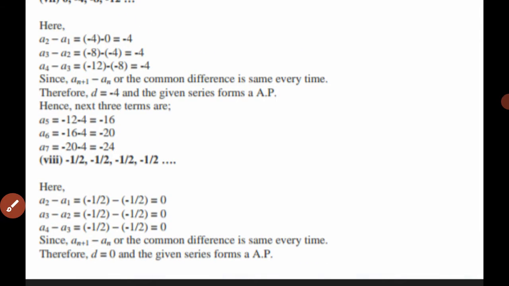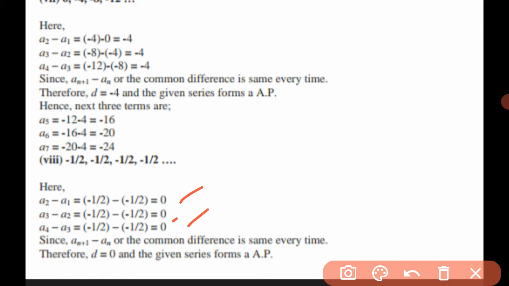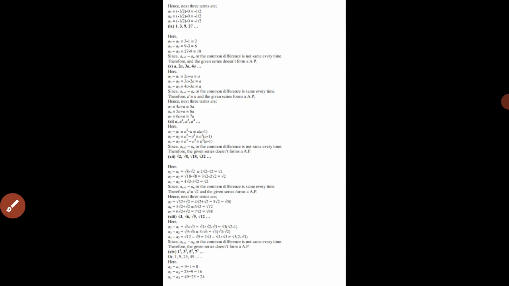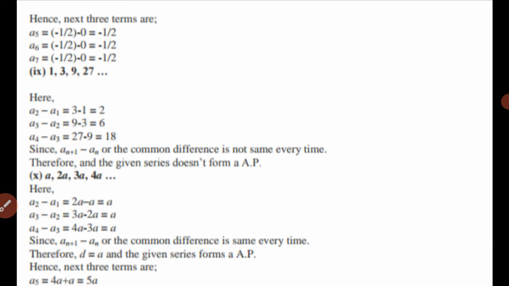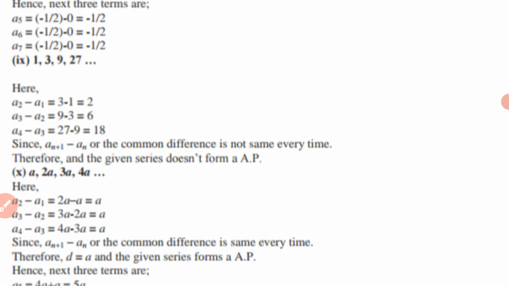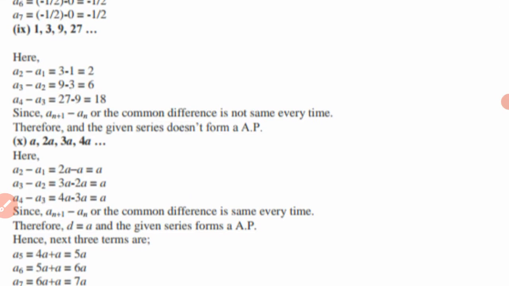This question is also the same. Similarly you can try the eighth part. In the eighth part the common difference will be 0. If the common difference is 0 then all the terms will be the same, so a5, a6 and a7 are also equal to minus 1 upon 2. Now in the ninth part the common difference is not the same, so it is not in AP.